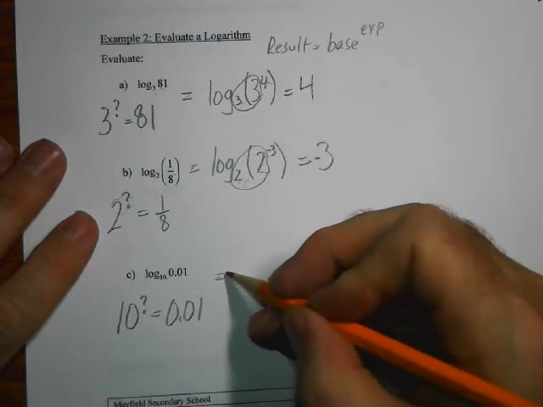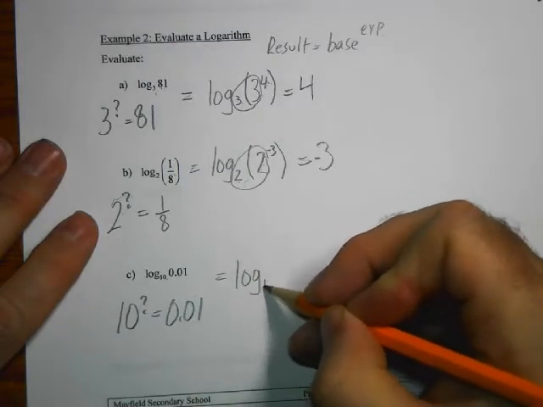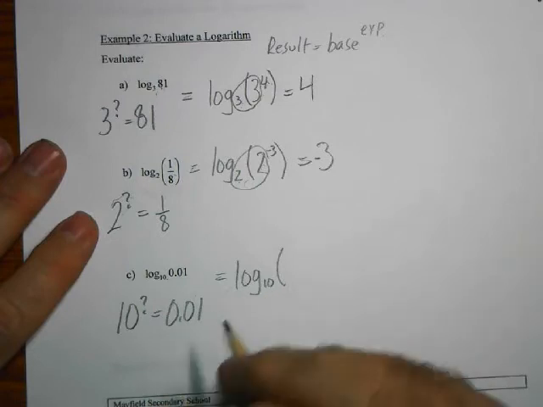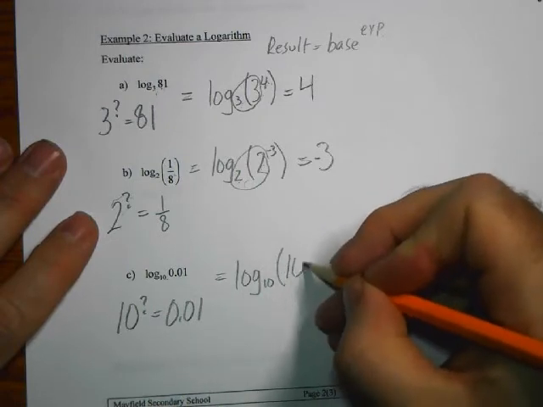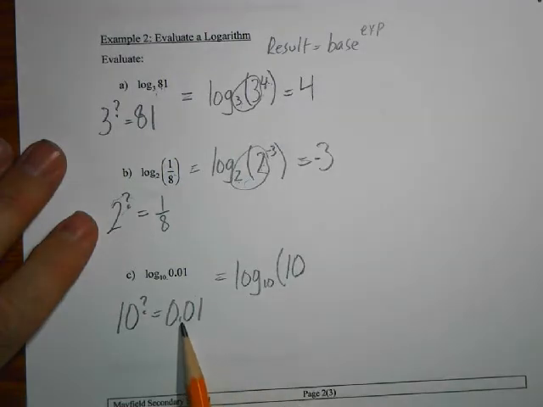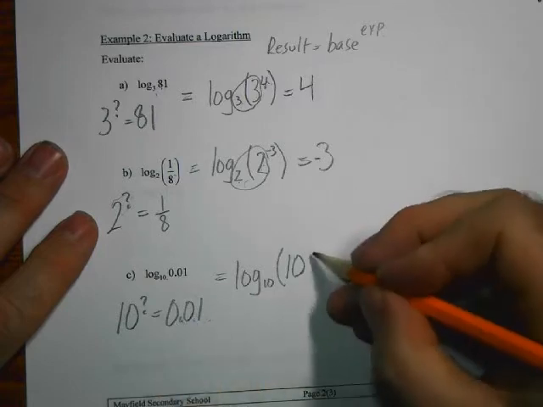Okay, so if I rewrote this as log base 10 of 10 to some power, how can I represent 0.01 as a 10? Well, that would be 10 to the negative 2, because 10 to the 0 would be 1, 10 to the negative 1 would be 0.1, 10 to the negative 2 would be 0.01, so that's negative 2.